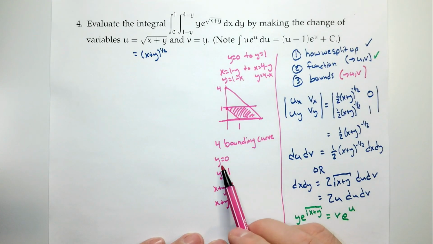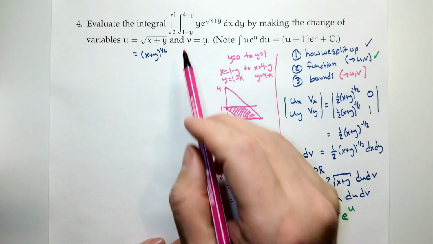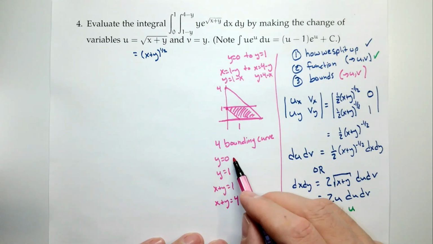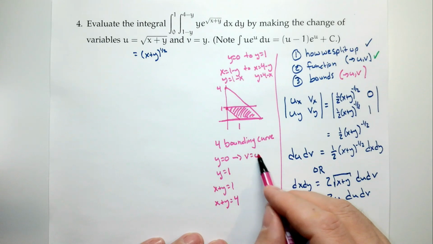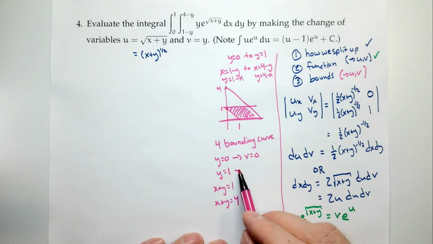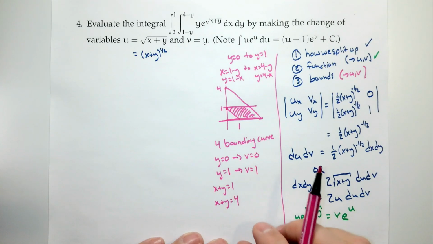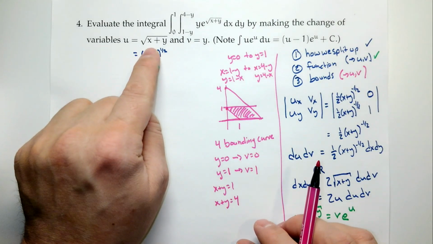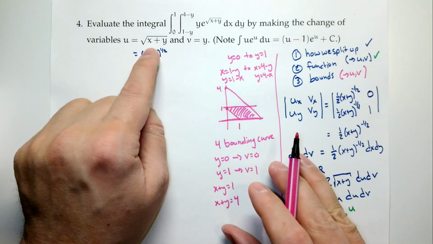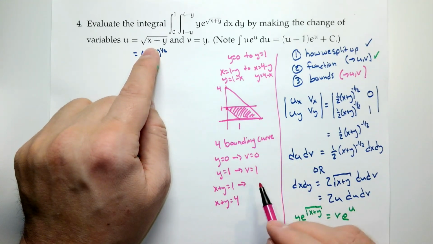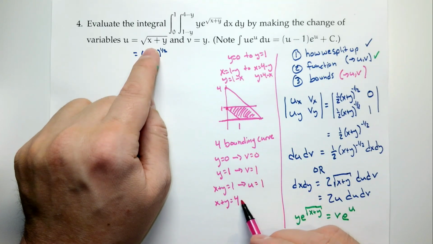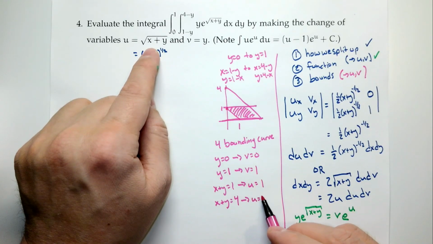So what does y equals 0 become? Well, y equals v. So that becomes v equals 0. y equals 1, v equals 1. x plus y equals 1. Well, x plus y shows up here in terms of u. So if x plus y equals 1, that becomes u equals the square root of 1, which is 1. x plus y equals 4, well, that's the square root of 4, which is u equals 2.